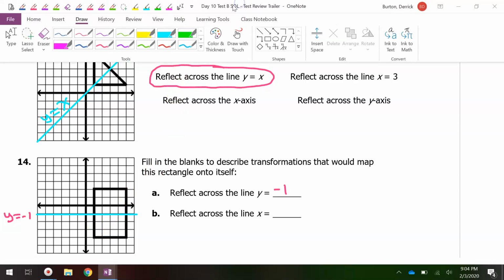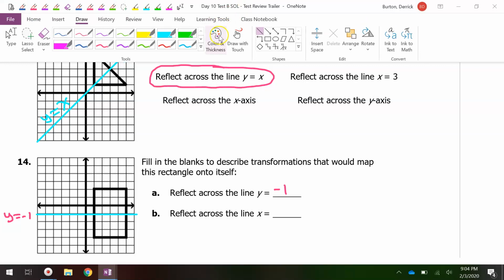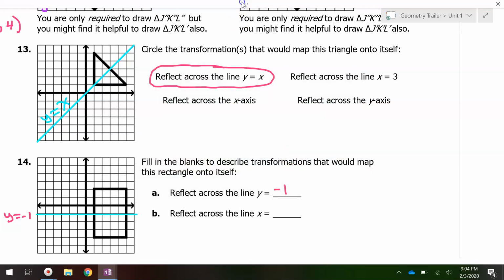But there is another line of symmetry. I feel like I should pick a different color just this once. Maybe green. All right, because I'm leaving both of these visible at the same time. So take a look at this one.